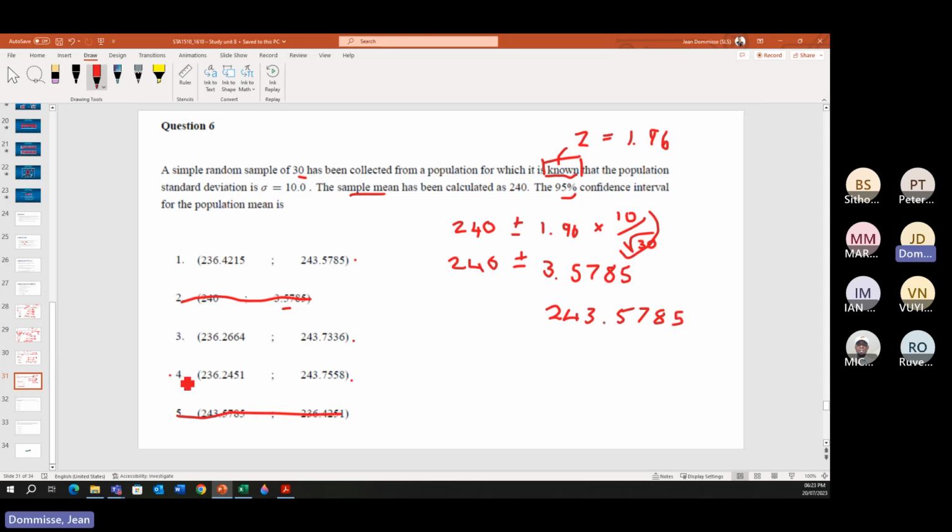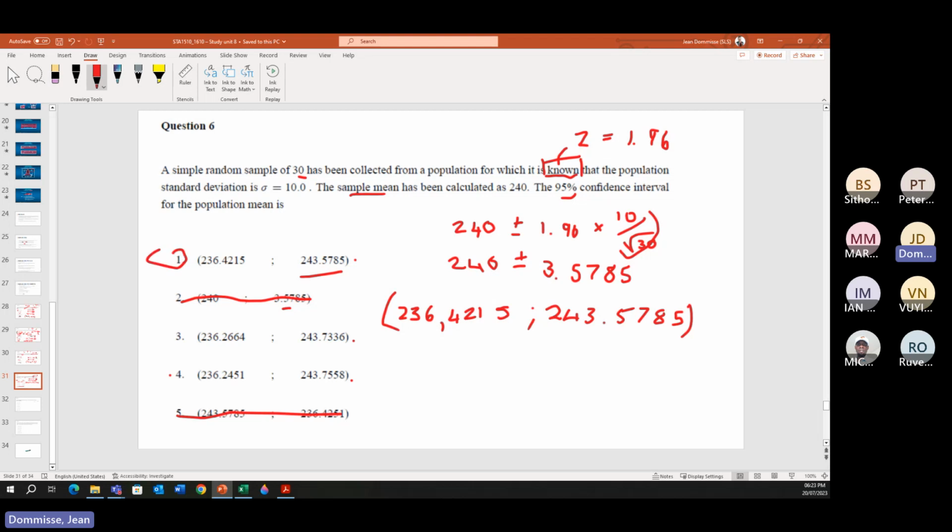Okay, so I would have guessed wrong if I needed to guess. It is that one. And on the bottom side, it will subtract, so it will be 236.4215. Okay, so I would have been caught out. I would have guessed it wrong. Okay, so option 1 is your final answer.